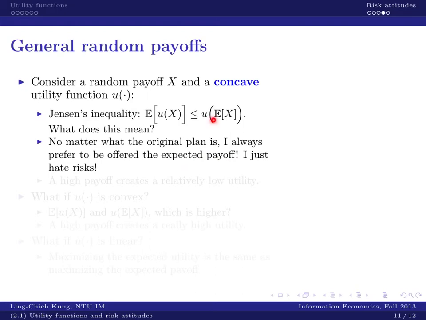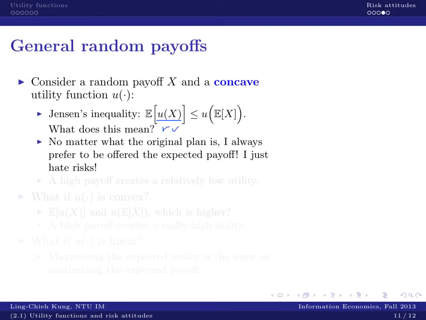Okay, it's always the case that I don't care what's the maximum amount I may get in the best case. I just ask that please simply average all those possible payments to me, and I want one payment for certain.